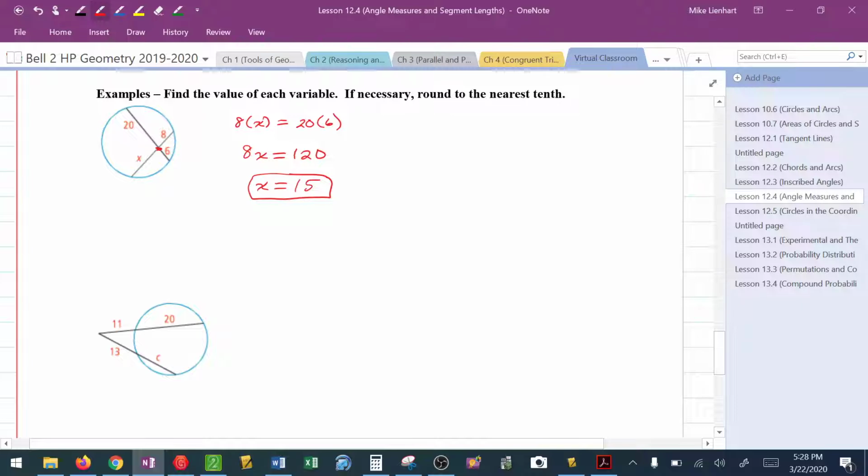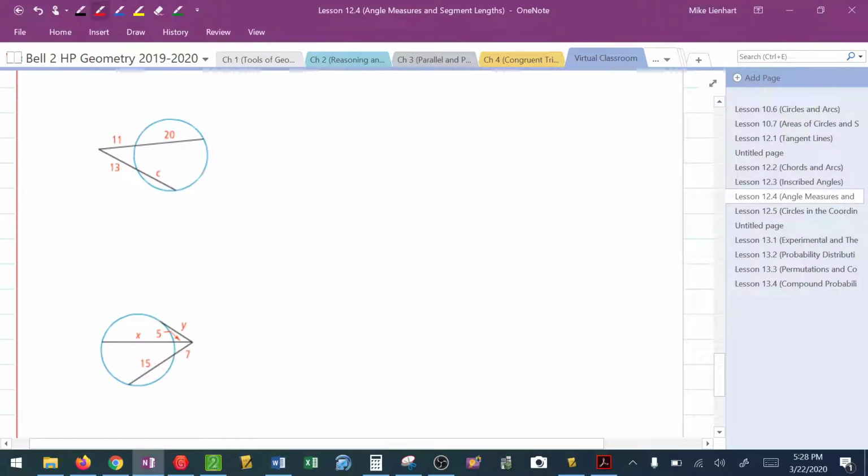Done. All right, take a look at this scenario. Vertex out. This is what's called a secant-secant relationship.